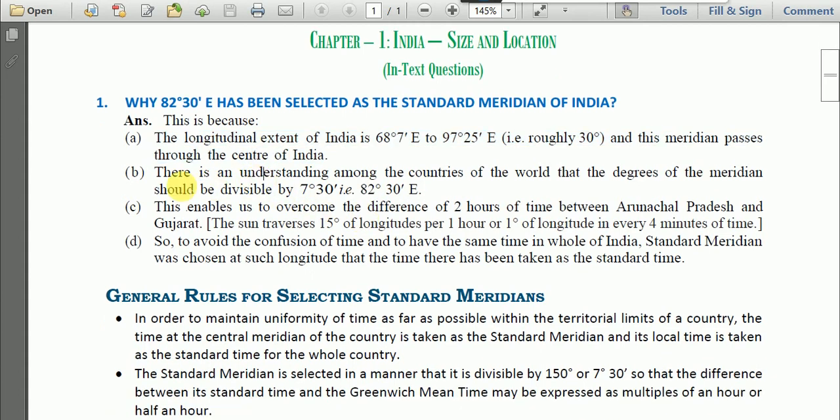And the second point is that there is an understanding among the countries of the world that the degree of the meridian should be divisible by 7 degree 30 minutes.